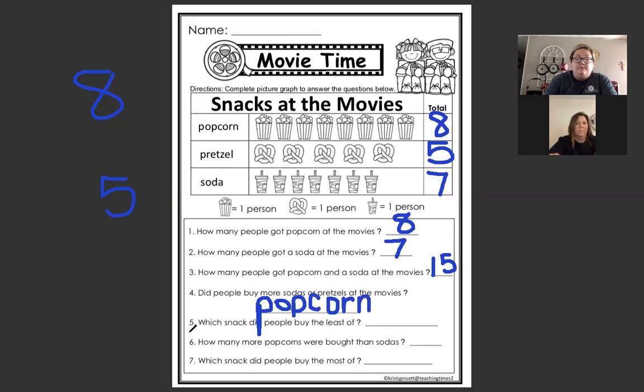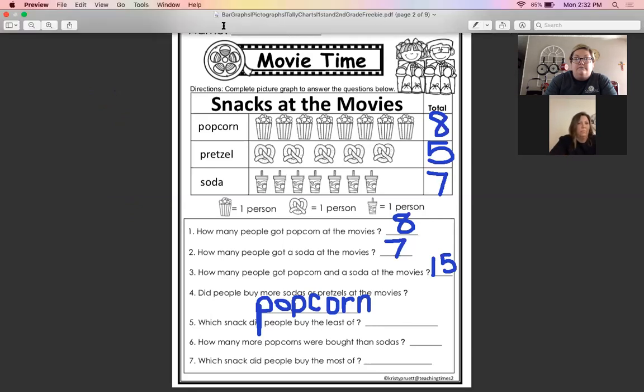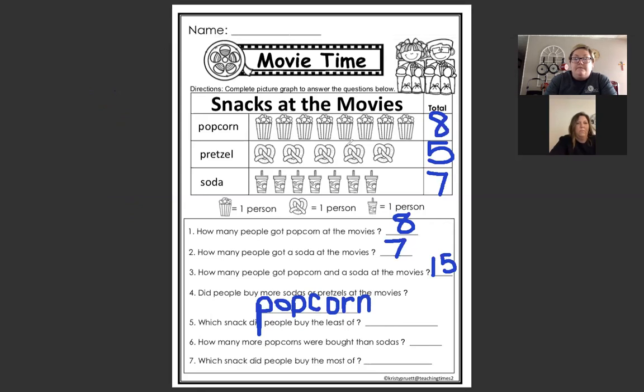Okay. Number 5 says, which snack did people buy the least of? So out of these numbers in our chart, I lost my thing. Hold on. Okay. Which one is our smallest number?